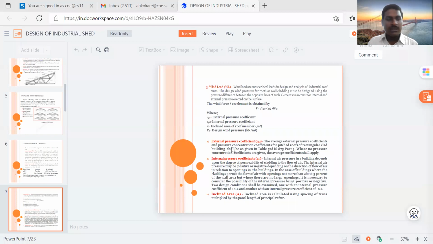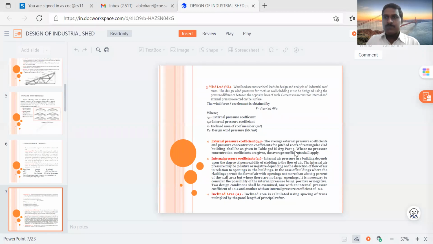So what are external pressure coefficients? External pressure coefficients are the external pressure and pressure concentration coefficients for the pitched roof of a rectangular clad building. It means, as we discussed, we are providing the slope to the industrial shed or industrial building on two sides.